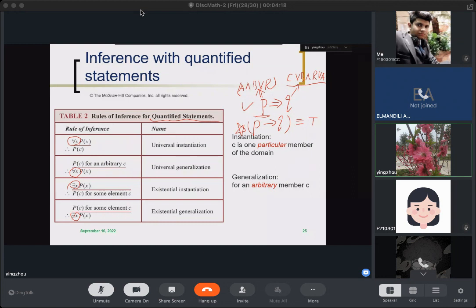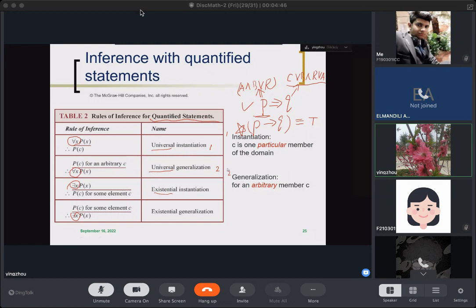The first is for all, which we call universal. It is the universal extension, and for this we have the instantiation. Secondly is the generalization. What is their difference? One is instantiation, and two is generalization.